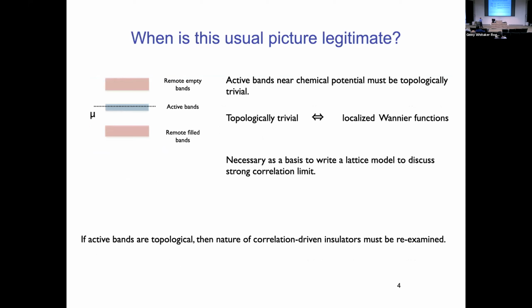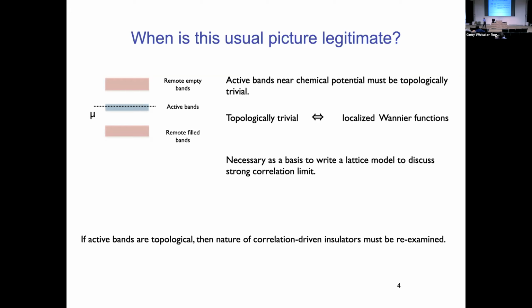Your chemical potential in your solid is somewhere, and there is a set of bands at the chemical potential. That's what I'll call the active bands. And one of the points of this talk is that this usual picture is legitimate so long as these active bands near the chemical potential are topologically trivial.